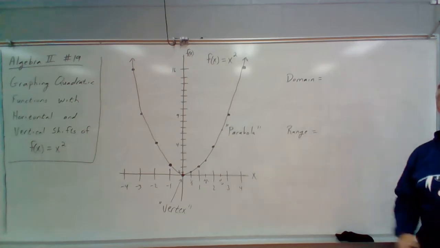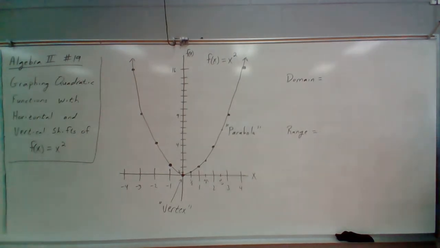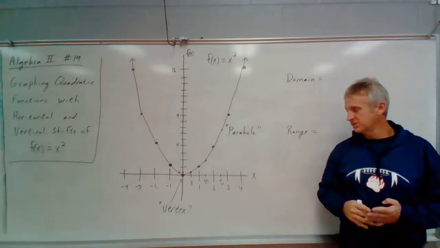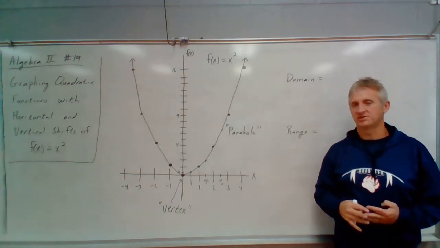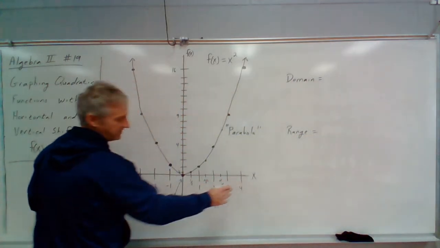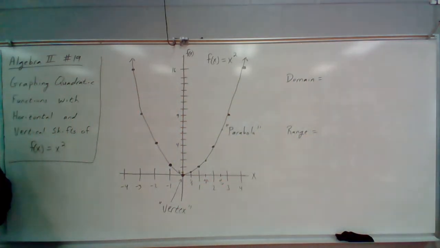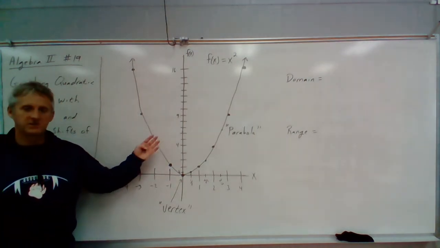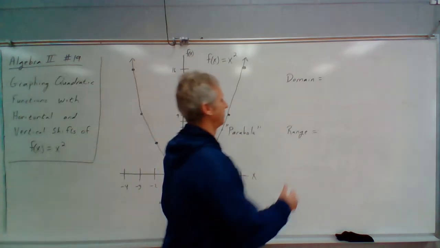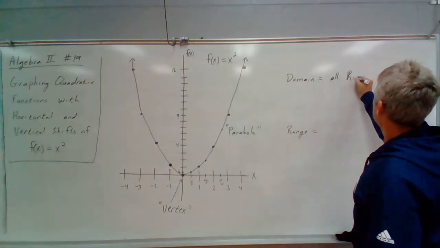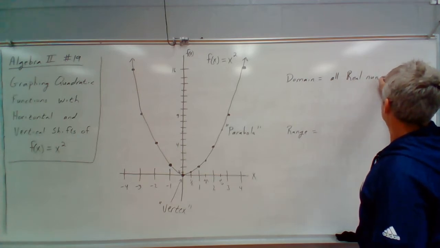All right, so let's talk about the domain and range of this function. So recall that the domain of a function is the set of all numbers that you're allowed to plug into the function. Okay, so as we mentioned a few minutes ago, I can plug in any number on the real number line. So I can plug in any real number to this function, and you will always get an answer. So that means the domain is all real numbers.